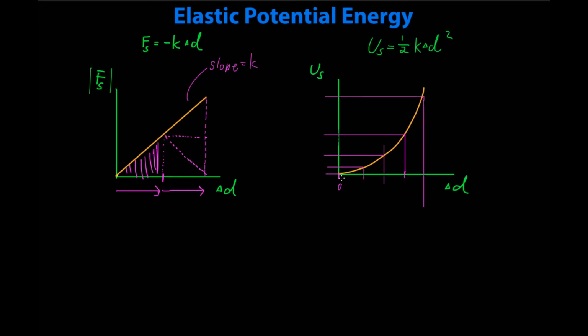If I stretch that spring, this much energy is stored in the first quarter of the stretch. However, this much energy is stored in the fourth quarter of the stretch. So in other words, this distance and this distance is the same. However, the last quarter distance has a lot more energy than the first quarter distance because as you pull the spring back, the force gets larger.